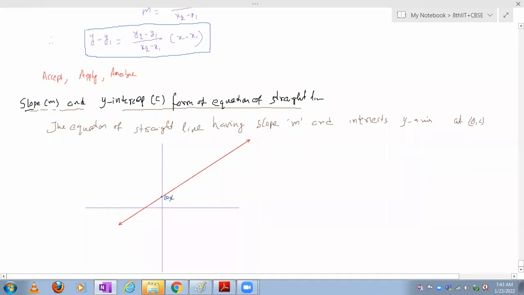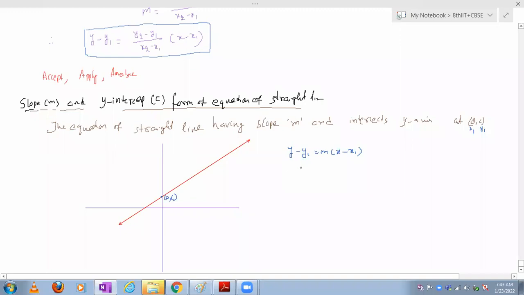Now you know that the equation of straight line having slope m and passing through x1, y1 is y minus y1 is equal to m into x minus x1. If you are taking x1 as 0 and y1 as c, then what it becomes? If I substitute x1 is 0, y1 is c, then what will you get?